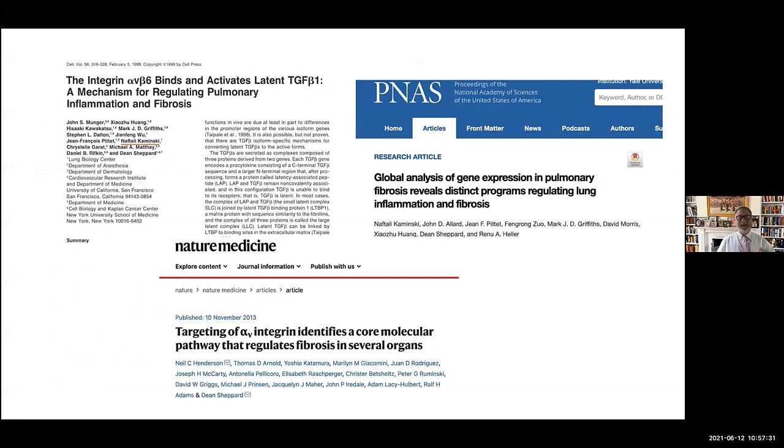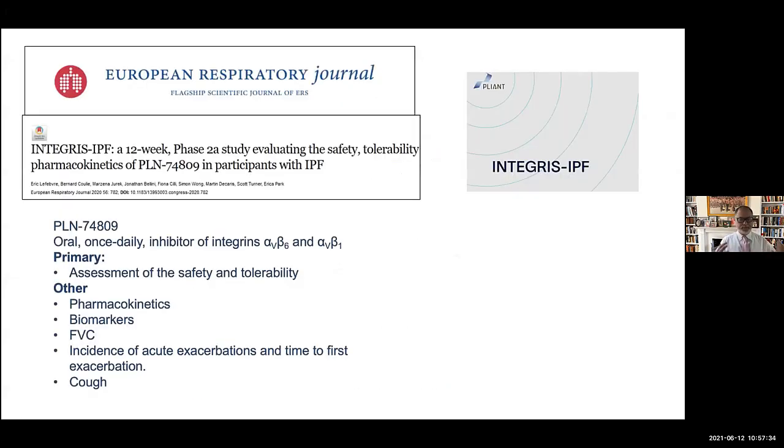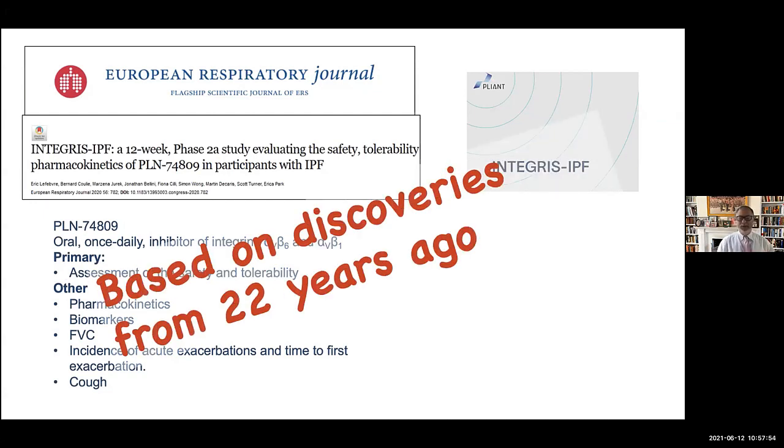And now finally, there is a trial testing an inhibitor of this alpha V beta 6 integrin, so targeting the molecule that is expressed in aberrant basaloid cells, a disease-related feature, and it's really exciting that it's starting to recruit. But here's the thing: this trial is based on discoveries from 22 years ago, so that completely doesn't make sense.